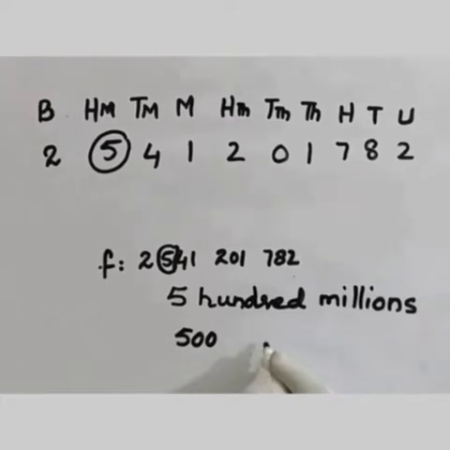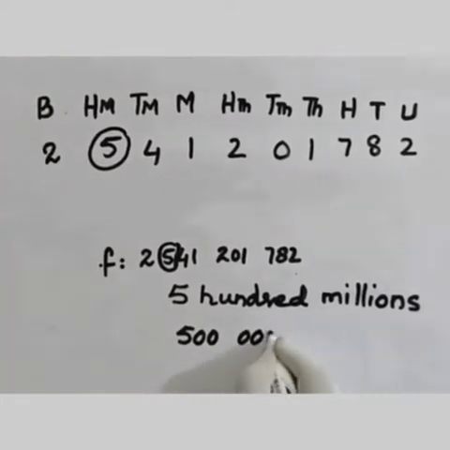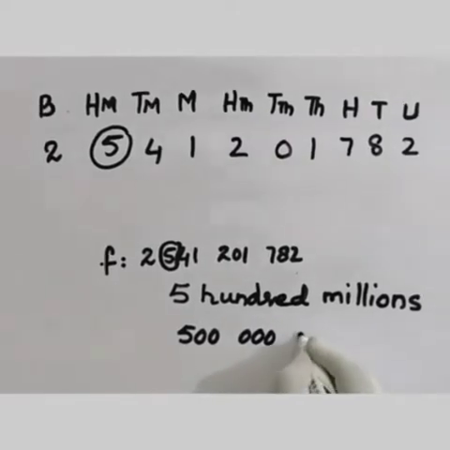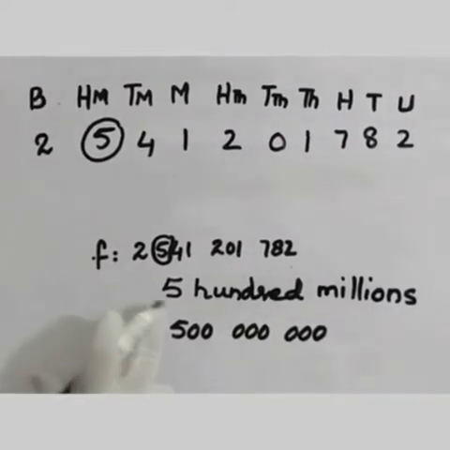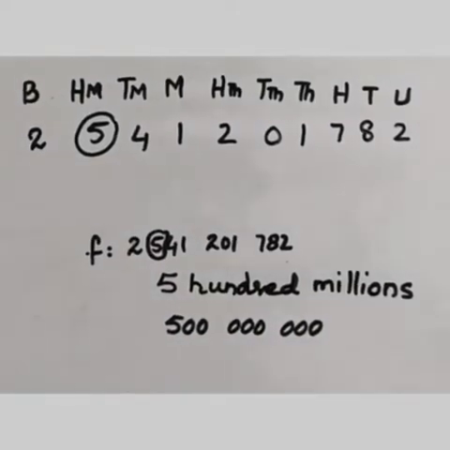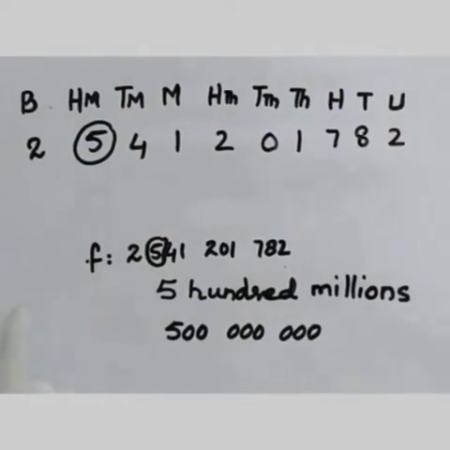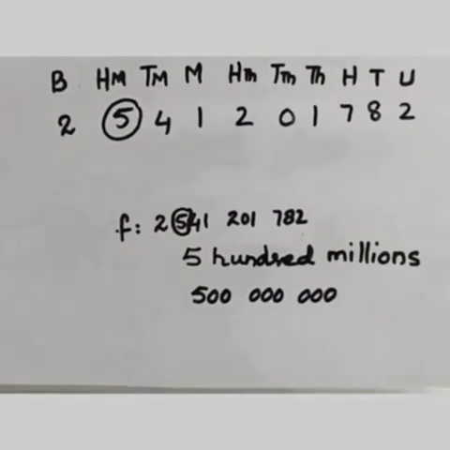Then how many zeros? 3 more for thousands, and then 3 more. In this way we write 500 millions or 500 million. With the help of this example, complete question number 9 in your notebook.